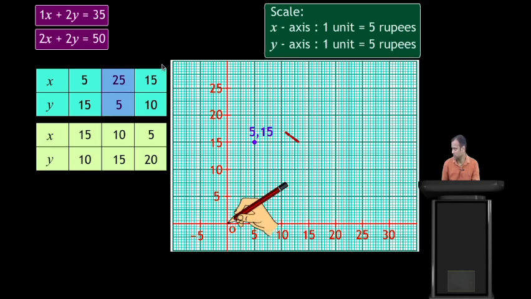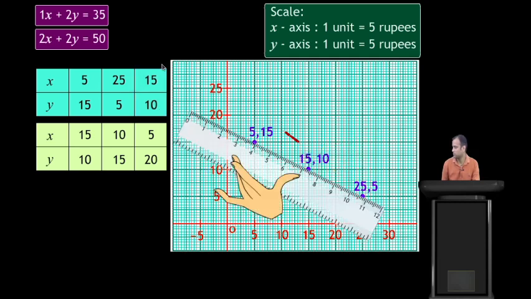So there is 25 and go to 5. Then we have 15, 10. So it is 15, then we have 10. So we got these 3 points, and now we can draw a line using these 3 points.